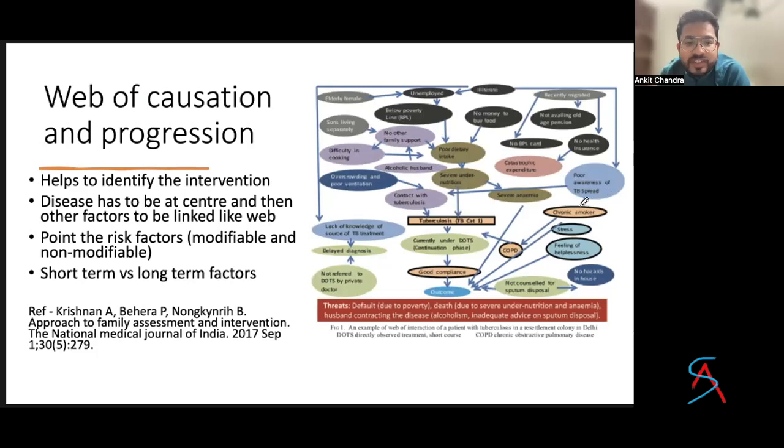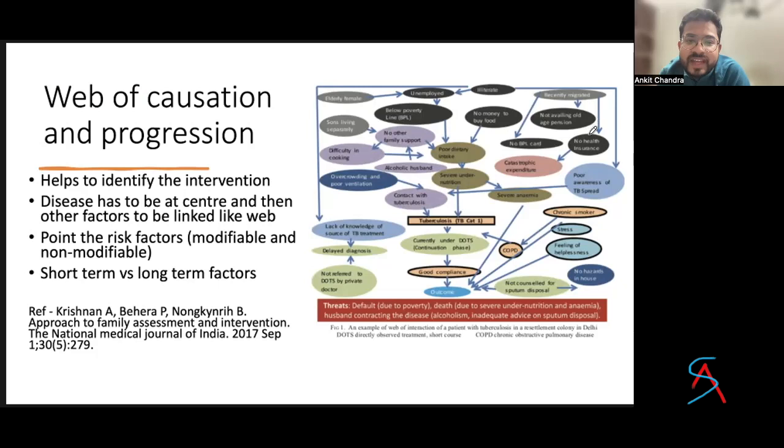Like a person was a chronic smoker, that's why he got COPD, and again that became a risk factor for tuberculosis. Here we can see the patient was recently migrated, he did not have any BPL card, no support, and he was not availing any pension and had no financial support.